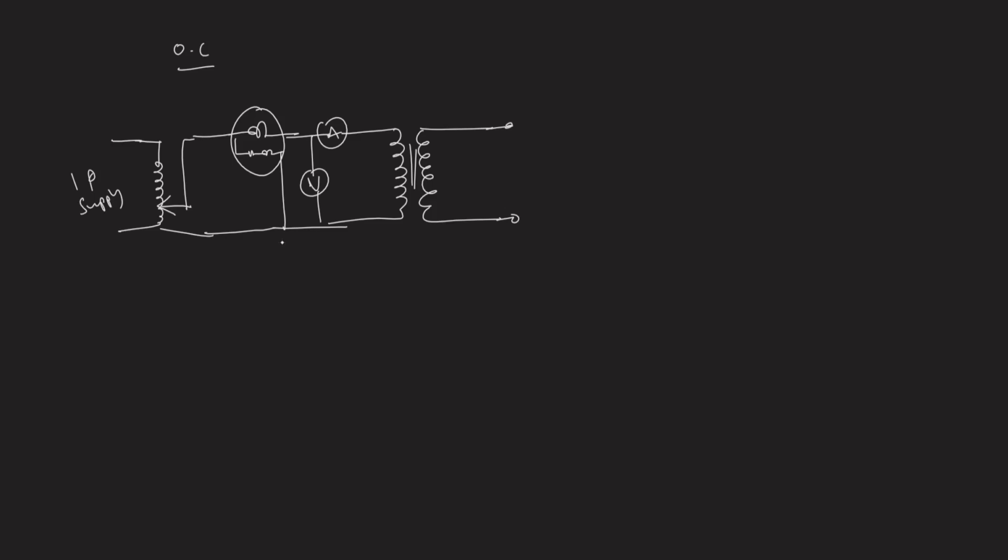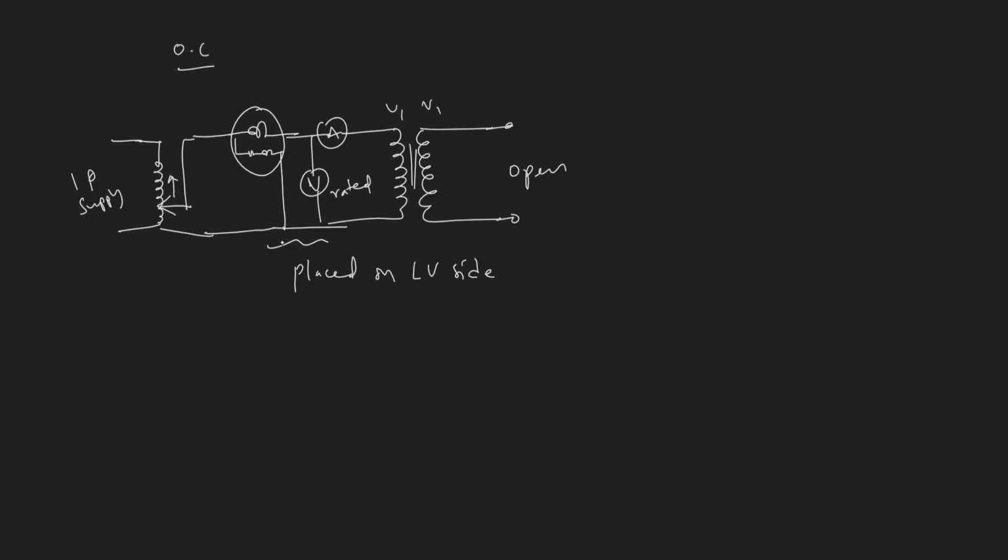Supply. So this is kept open and these meters are placed on the LV side, and the variac is moved till rated voltage.